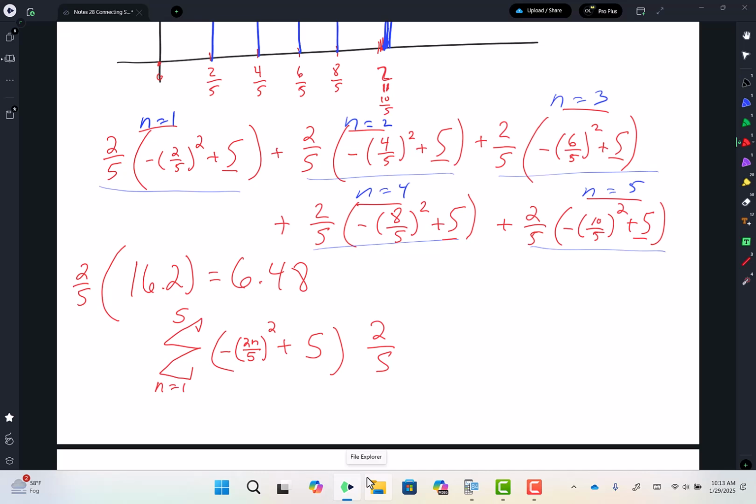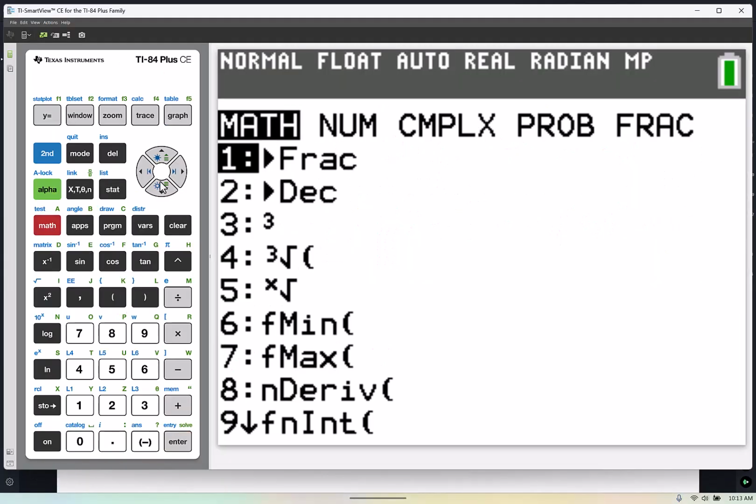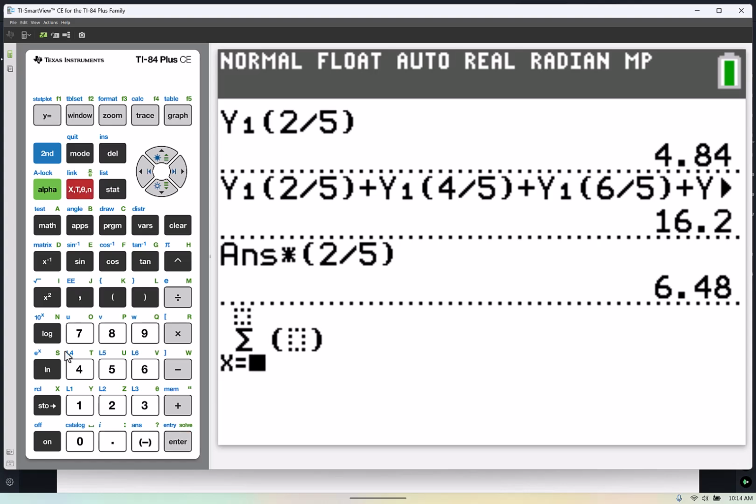Let's check to see if this works. If I check my calculator, I'm going to go math, summation. I'm going to put x equals 1 to 5. I'm going to open up a parenthesis and put negative.